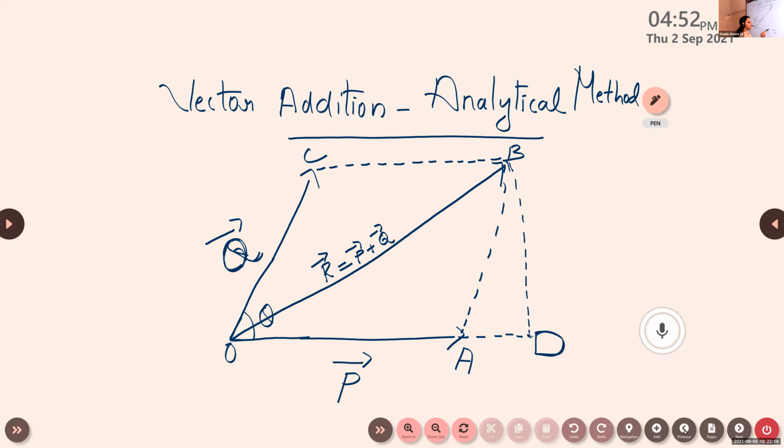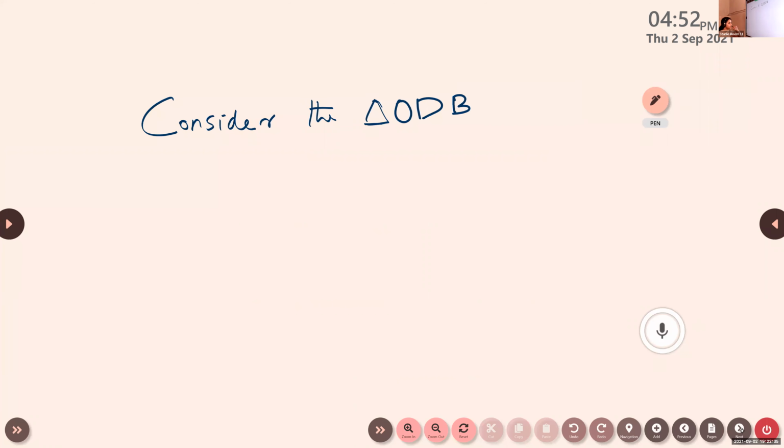So what is angle D? ODB is a right-angled triangle, so what does angle D represent? 90 degrees. So consider the triangle ODB such that angle D is equal to 90 degrees. We need to find some findings from this figure.